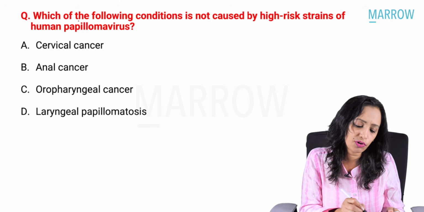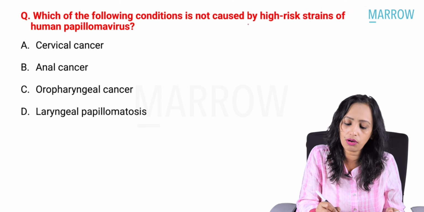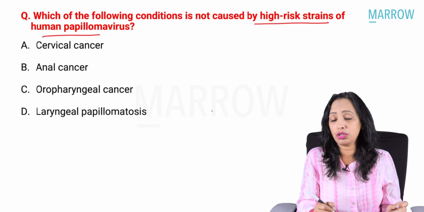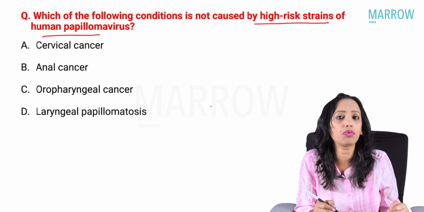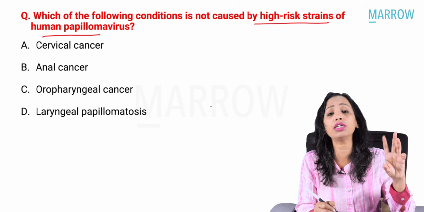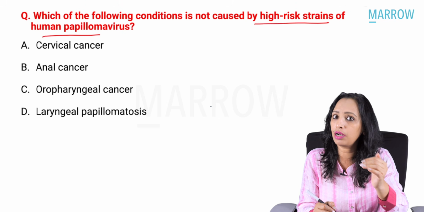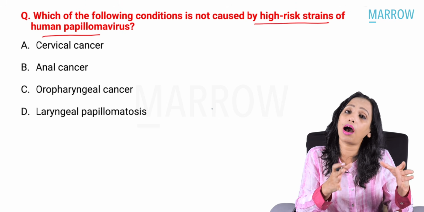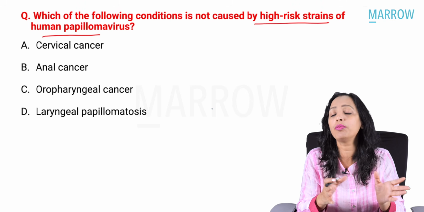So here it is: which of the following conditions is not caused by high risk strain of human papilloma virus? Yes, so earlier the question used to be asked as which of the following is not a high risk strain. That was a question of microbiology, right? Or which are the high risk strains of human papilloma virus.